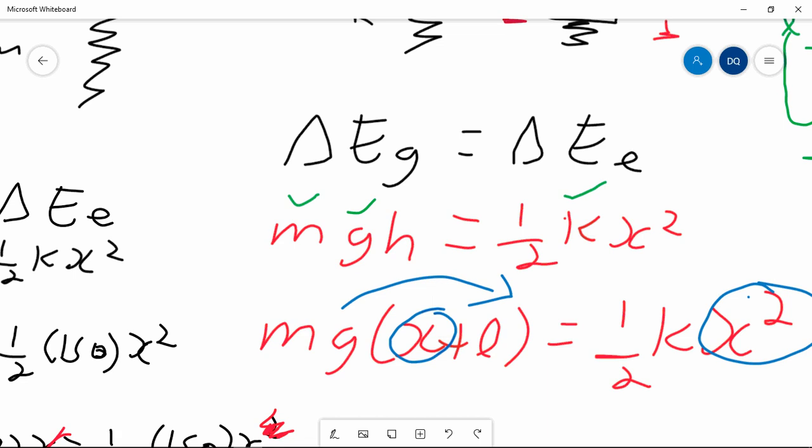So h is actually x plus L, where L is the length that the block has fallen or the bungee cord is stretched before it hits. When you solve this, you're going to end up with a quadratic. That quadratic is going to have two solutions. And both of those solutions are often valid. What they're going to give you is two different places where your velocity is zero.